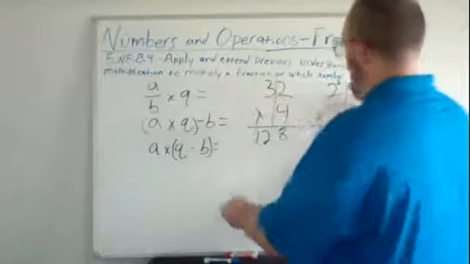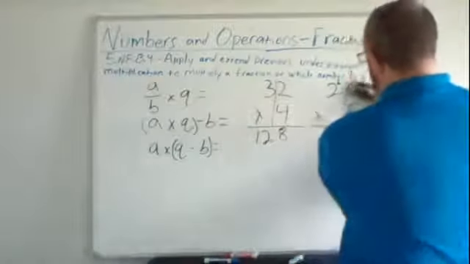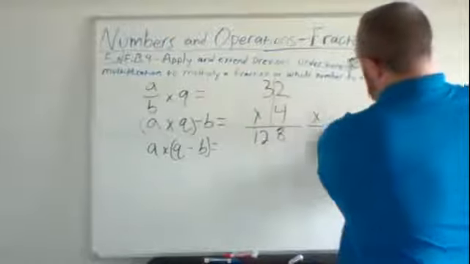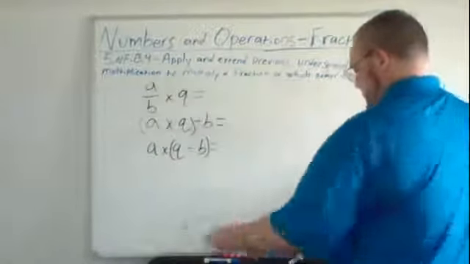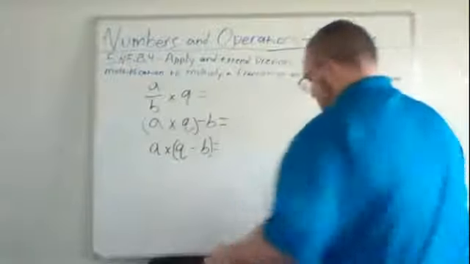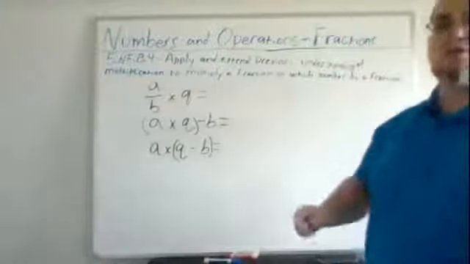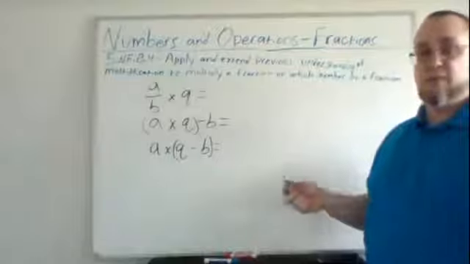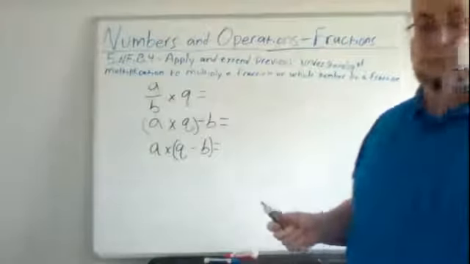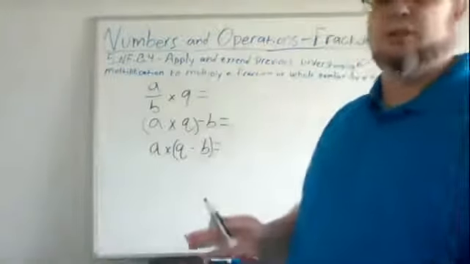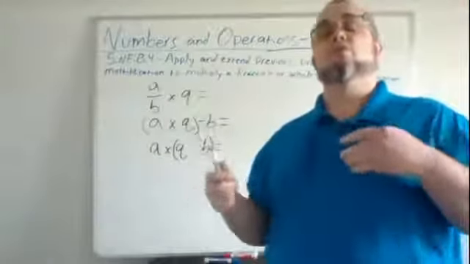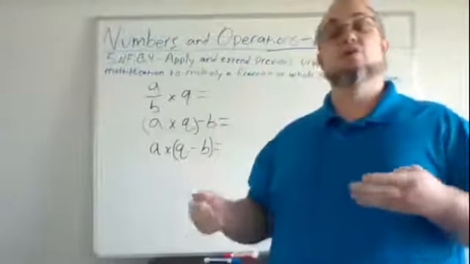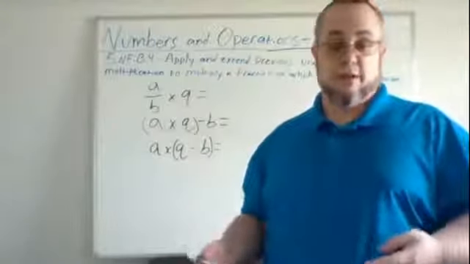So to make sure I have room, let's get rid of what I have here. Now, when multiplying a whole number by a fraction, in any equation, we know that we can use letters or symbols to represent another number in an equation.